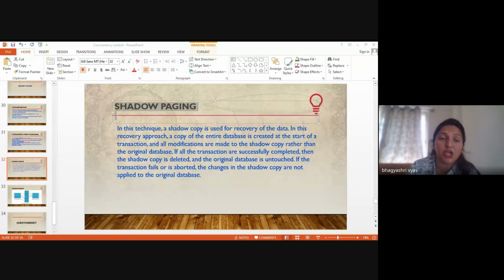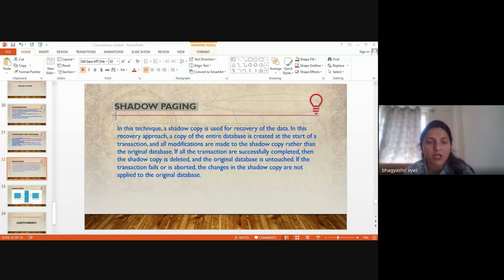Basically, shadow paging is a technique which maintains data consistency and protects data from a crash. It involves a shadow copy or a snapshot of the entire database, which serves as a consistent version for transaction execution.